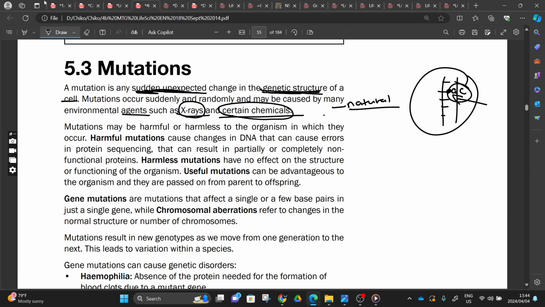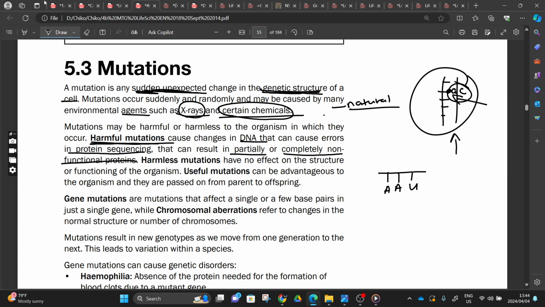So mutation may be harmful or harmless to the organism in which they occur. Harmful mutations cause changes in DNA that cause errors in protein sequences that can result in a partial or non-functional protein. When we say harmful mutation, like in a gene mutation, it's a mutation that will result in, I told you that this is what the mRNA is going to do.